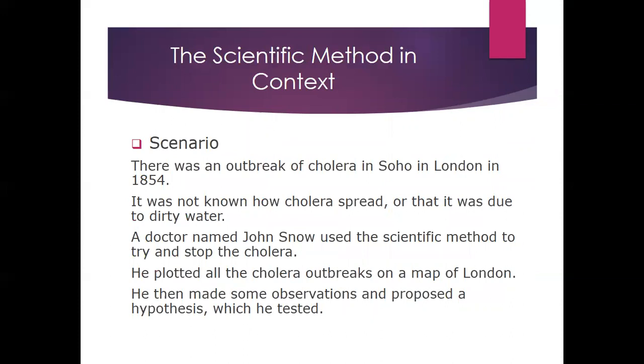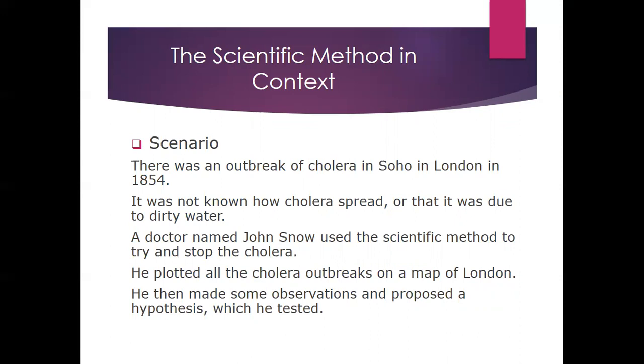All right, so to pull it all together, let us conclude with a brief scenario of the scientific method. You all may be familiar with this scenario, but now what we want to do is apply the scientific method to it. So our scenario begins. There was an outbreak of cholera in Soho in London in 1854.